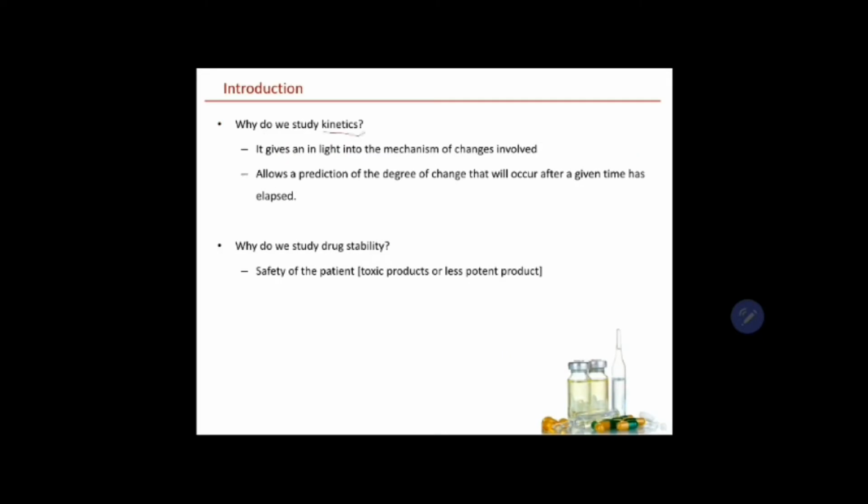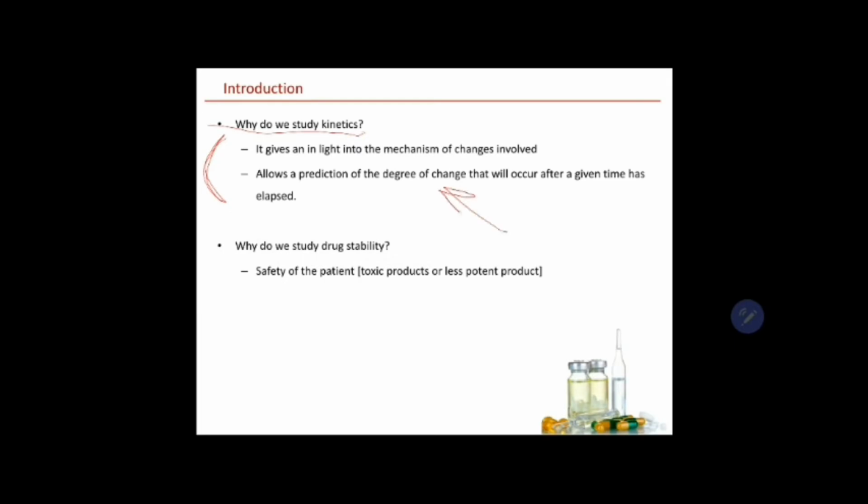Why do we study kinetics? Because it gives us an idea about the mechanism of the reactions that have been happening with our product or drug or chemical entity or substance. And it gives us a way to predict the degree of change that will occur after a given time.